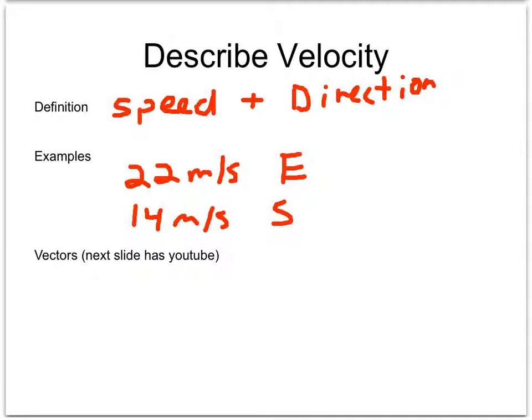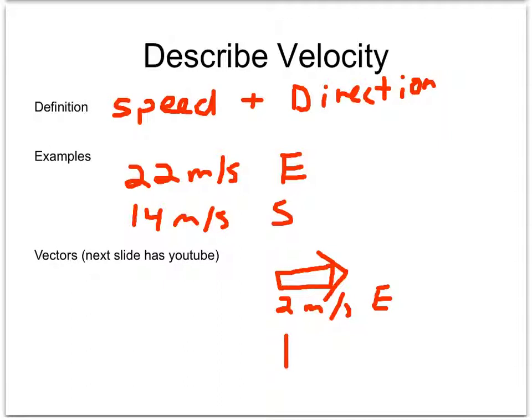And it turns out you can show velocity using vectors. And a vector is just simply an arrow that is usually showing both the direction and the relative speed. So for example, this vector, we might label it 2 meters per second east.